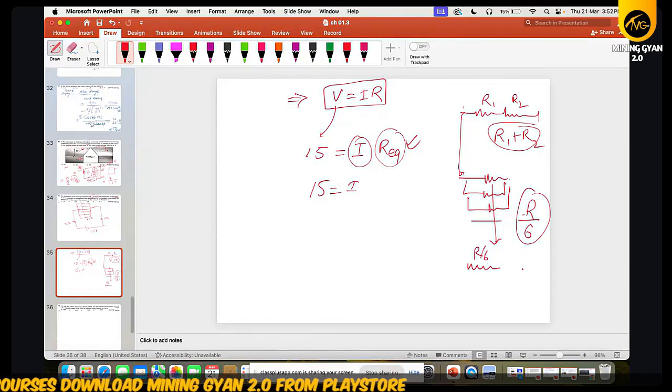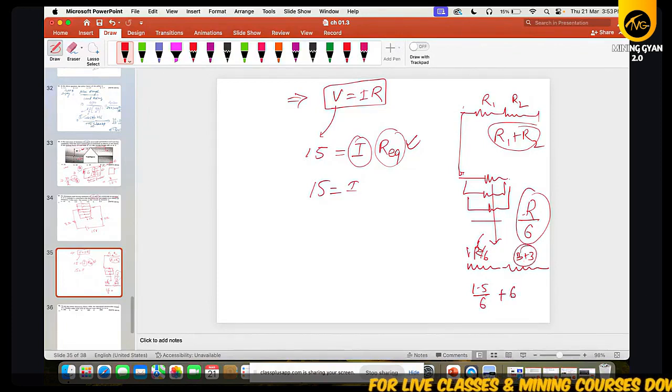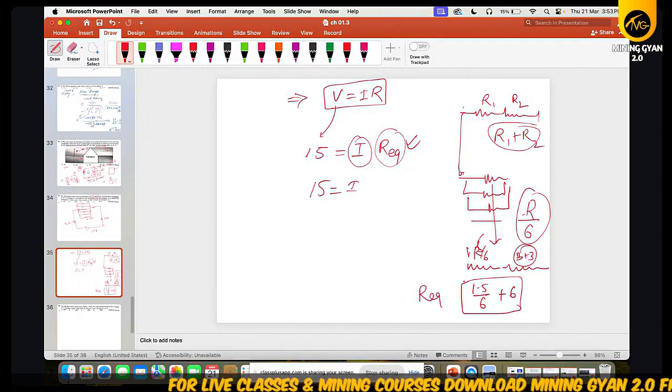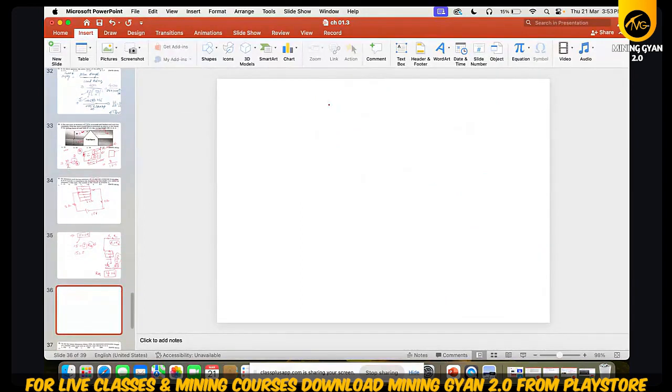R by 6 which is 1.5 by 6, and this is also in series, so its value is 3 plus 3. So ये आएगा 1.5 by 6 प्लस इन दोनों को जोड़ेंगे तो ये आ जाएगा 6, ये आएगा आपका R equivalent. समझ में नहीं आया होगा तो I will explain it again.